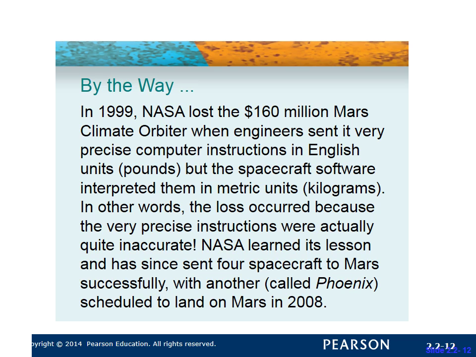Well, one uses pounds and the other uses kilograms. So they got this all screwed up, so everything got lost. They spent $160 million that was wasted because somebody didn't bother to check what their unit of measure was. So I'm always real picky about units of measure.